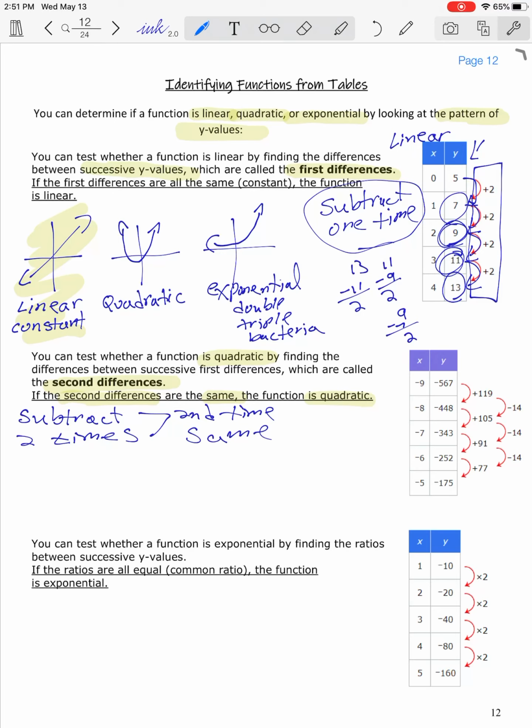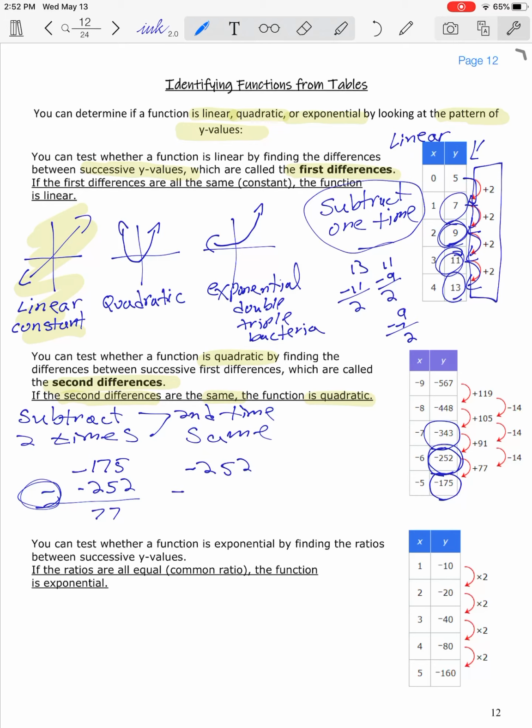So you start, and the first thing you're going to do is subtract the first time. So you're going to subtract negative 175 minus negative 252. Now be careful with your negatives and your minuses because you don't want to get a syntax error in your calculator. So this minus has to be the subtraction sign, not the negative sign. And you'll get 77.